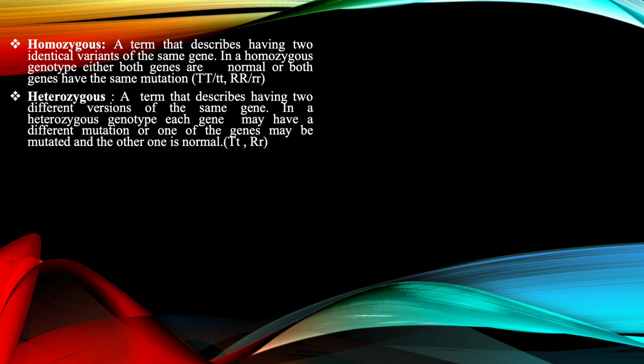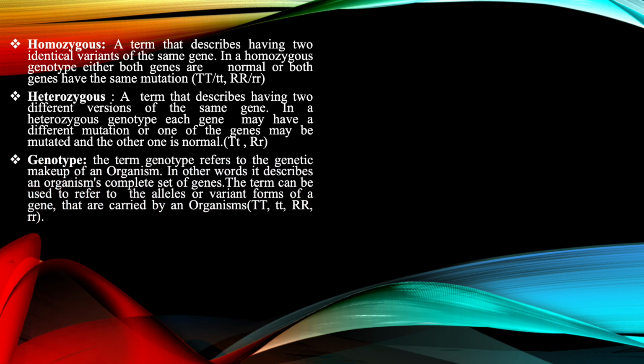Heterozygous, a term that describes having two different versions of the same gene. In a heterozygous genotype, each gene may have a different mutation or one of the genes may be mutated and the other one is normal.